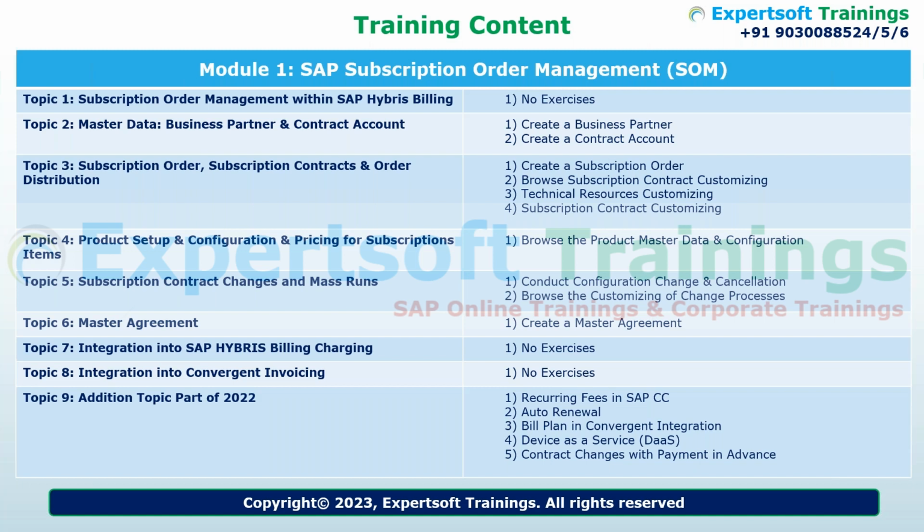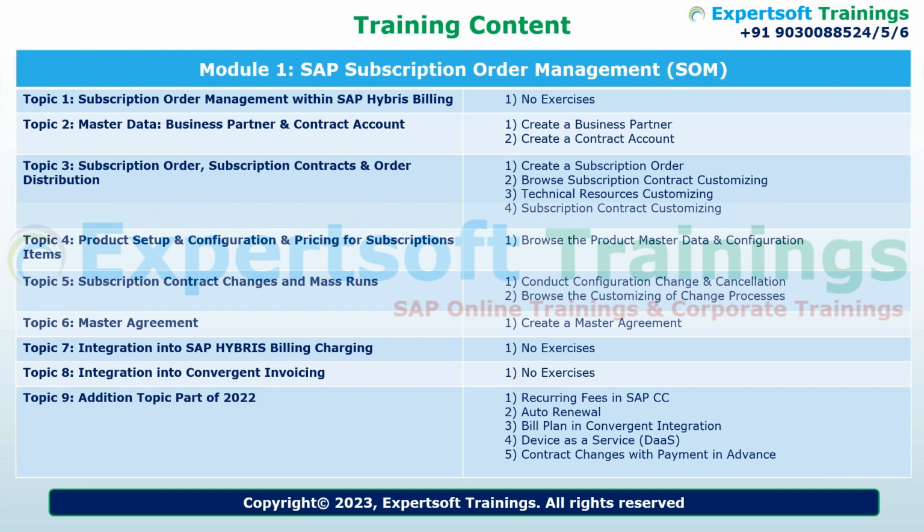There are also different concepts like technical resources, contract management, and ODA, the order distribution interface. There are various different topics covered as part of this subscription order management. That will be part of this training.